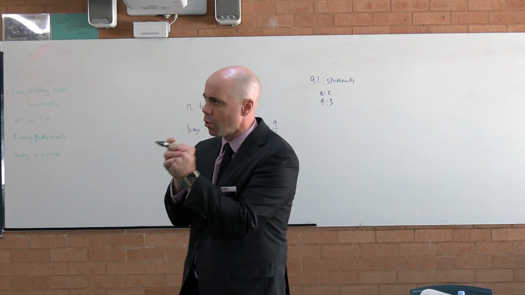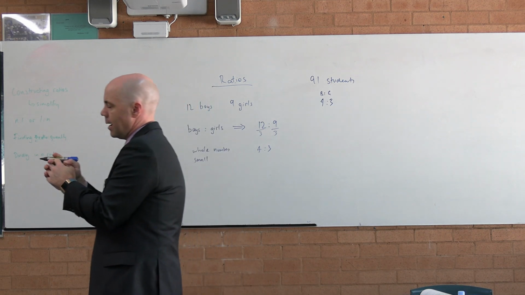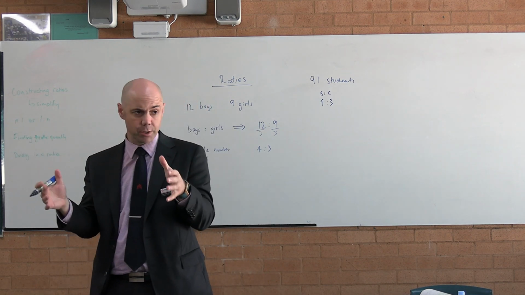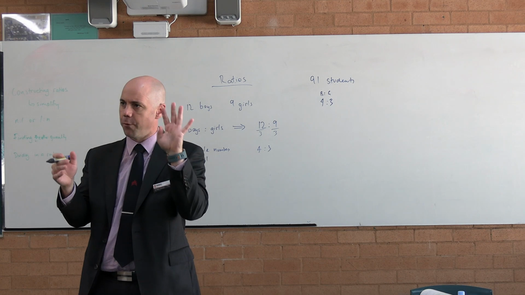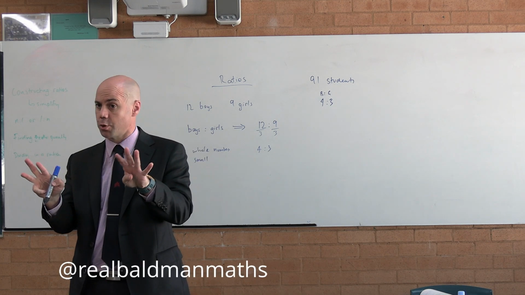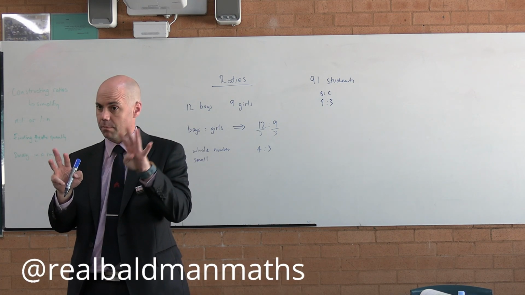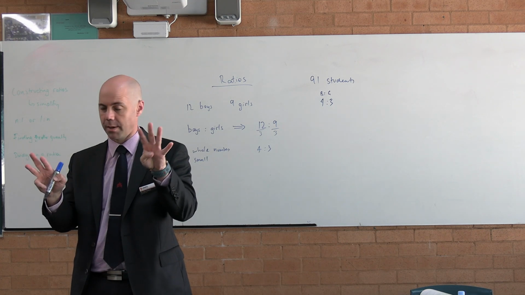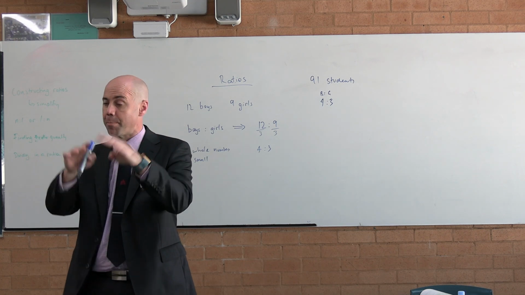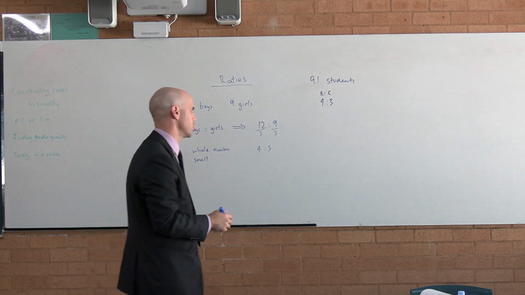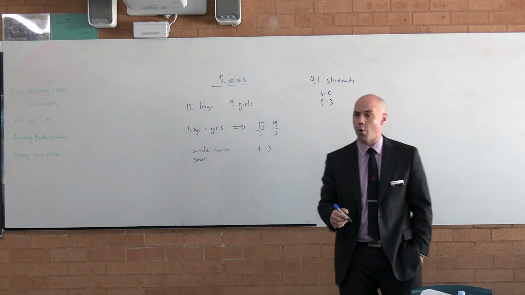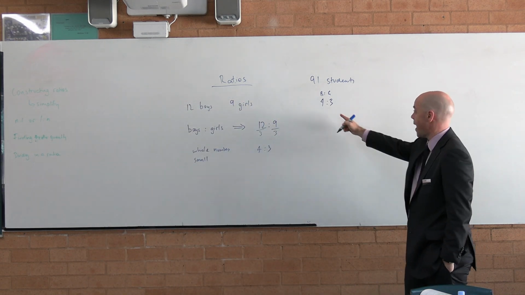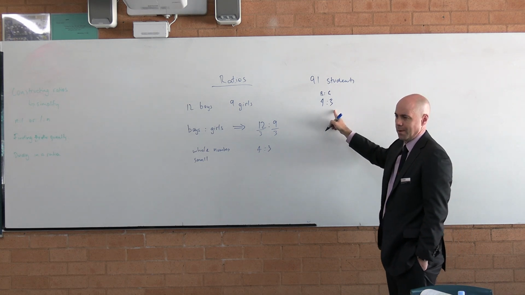If you were to get a small group of students that represented the whole bunch, we need 4 boys and 3 girls, therefore how many students altogether? 7. You've done it by going 4 plus 3, adding both these numbers together.